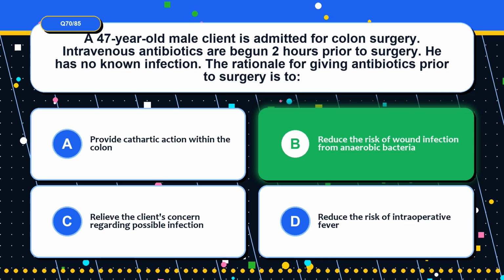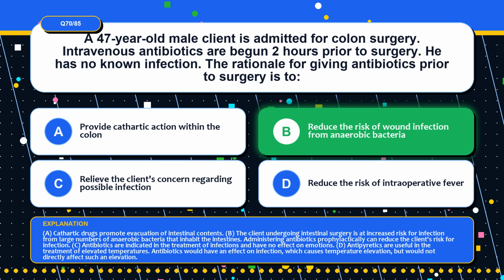The correct answer is option B. Reduce the risk of wound infection from anaerobic bacteria. A. Cathartic drugs promote evacuation of intestinal contents. B. The client undergoing intestinal surgery is at increased risk for infection from large numbers of anaerobic bacteria that inhabit the intestines.